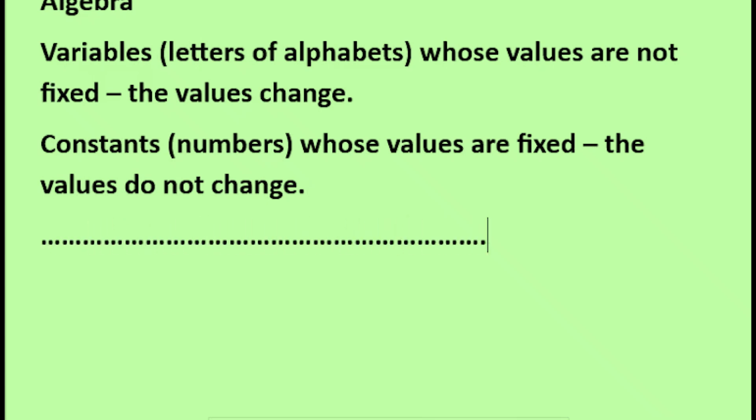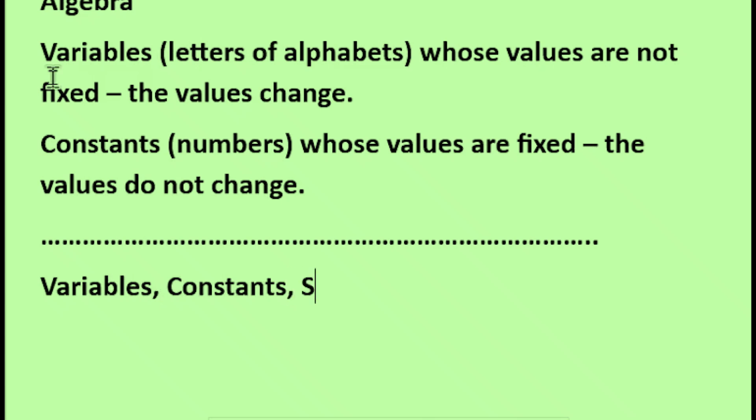Okay. So in algebra, what are we using? We are using variables, constants. We are using variables, that is A, B, C, D, etc., X, Y, Z. We are using constants, numbers 5, 6, minus 2, etc., 1 by 2, 1 by 3, all the constants, and signs. Signs, plus, minus, multiplication, etc. These are what we use in algebra.